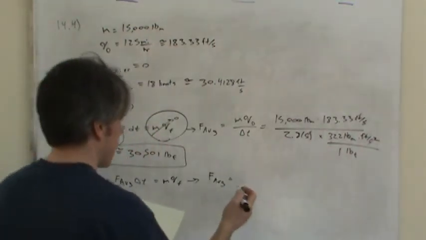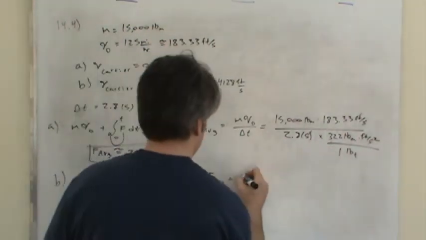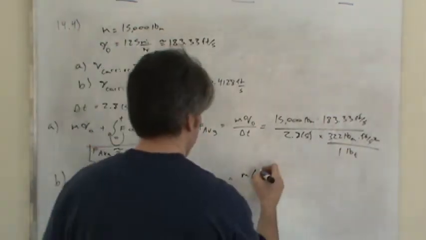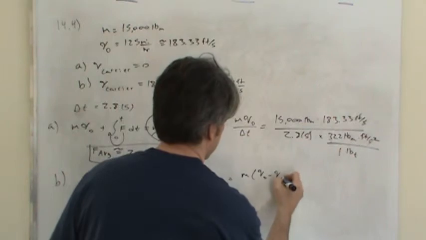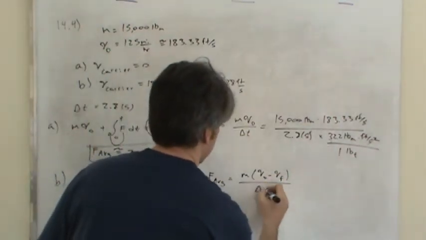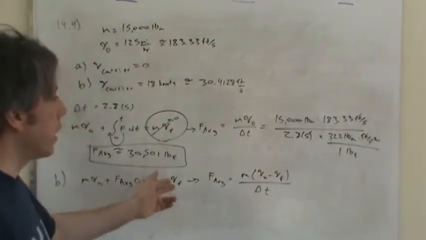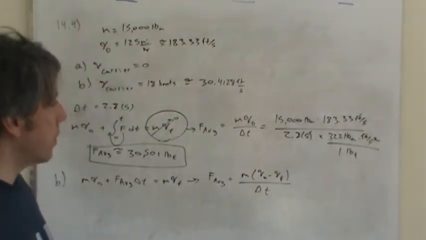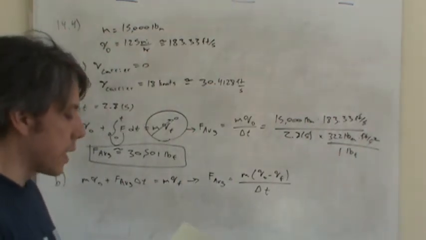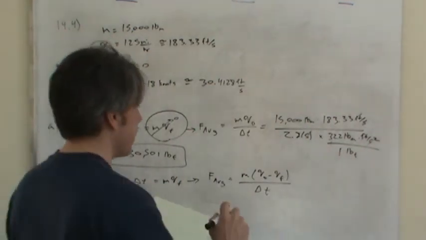once again not being terribly particular about the signs, you'd have mass multiplied by v naught less vf divided by delta t. Now I've included a negative sign in here that I'm just skipping because I know the direction of the force, like I said, and it's opposite the direction of these velocities. Anyway, I just need the magnitude.